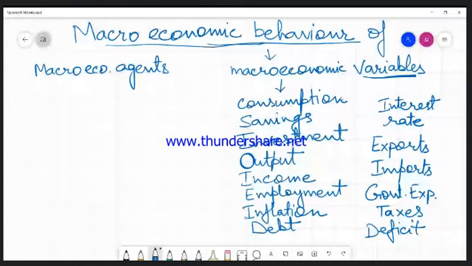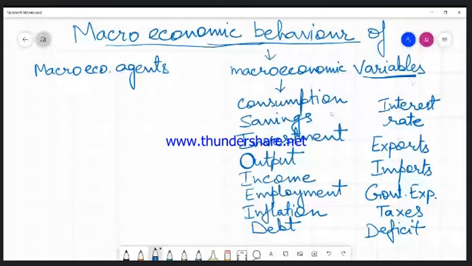So macroeconomic behavior is explained through macroeconomic variables. And as we were talking about, the study of this macroeconomic behavior is actually economic modeling. When you say modeling, you are trying to model the behavior. You are trying to put a structure for this behavior. And this behavior is based on the macroeconomic variables.